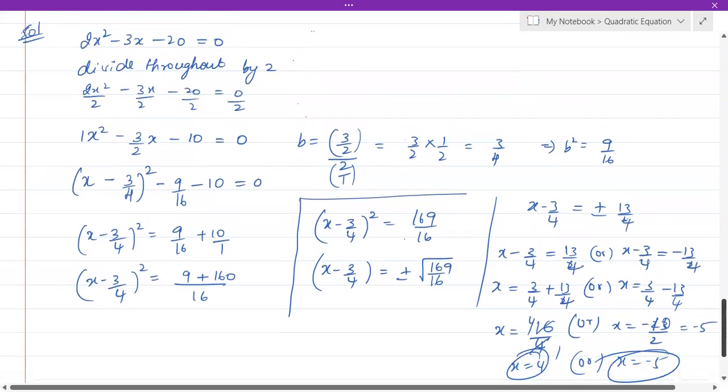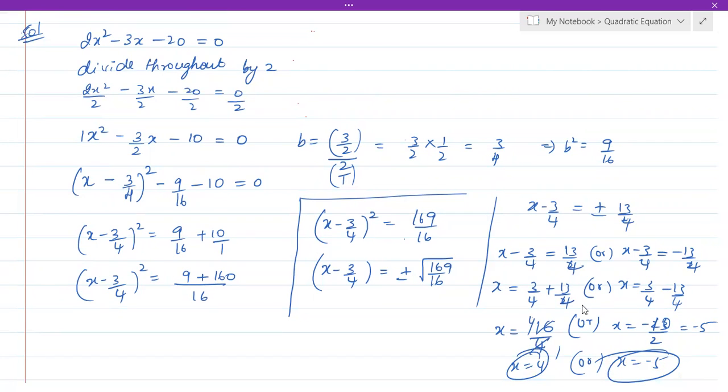Yeah, so I hope you have understood the procedure. Now let's understand why we did it like this. So the procedure that we did, the steps, let's take a problem and understand.